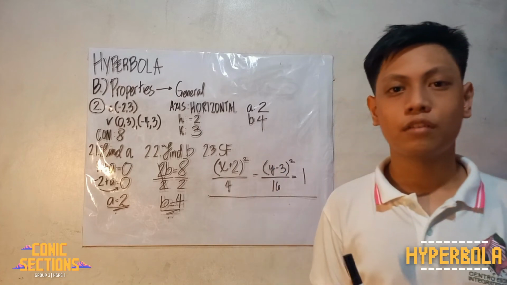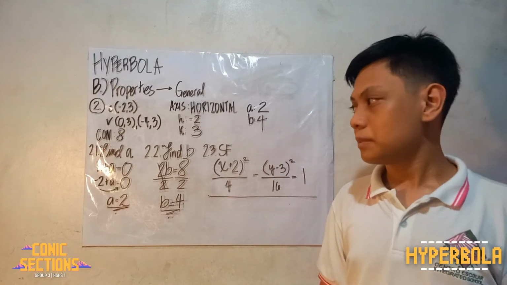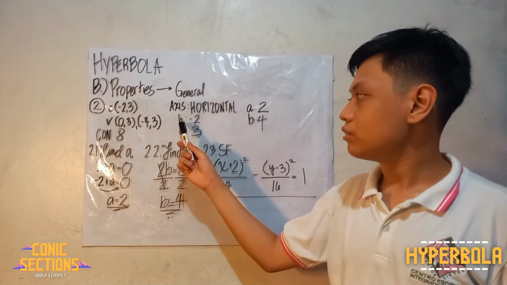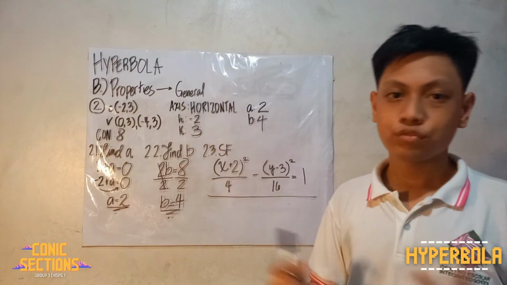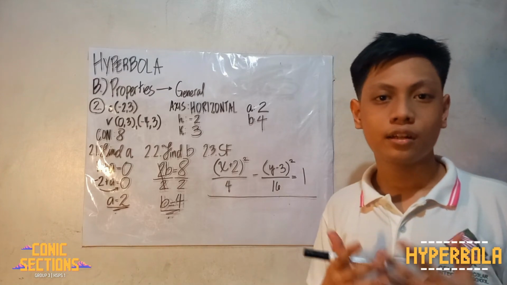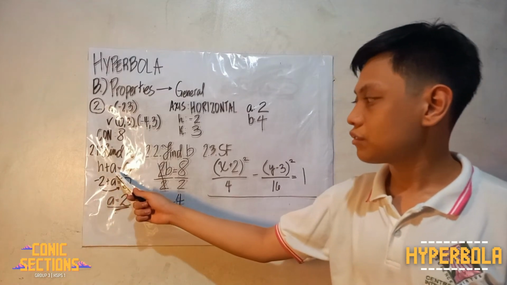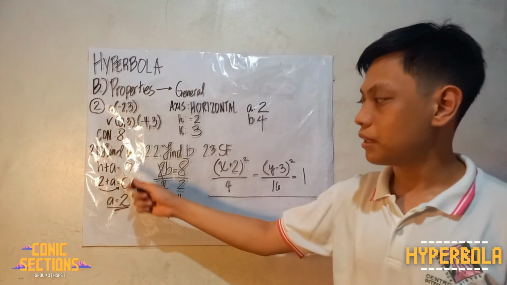Now we can begin solving for the a and b. So for finding a, we simply need to substitute the value of h that we have to the formula of finding a, or to the formula of finding the vertices. So the basic formula for finding the vertices is h plus a.